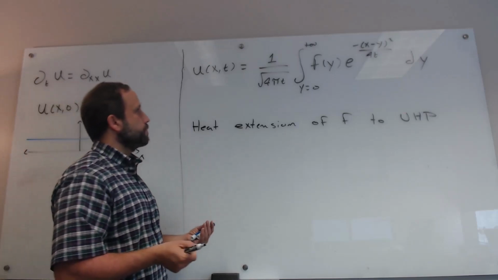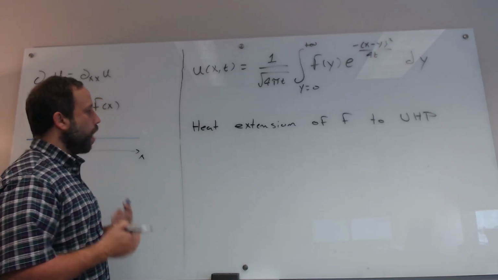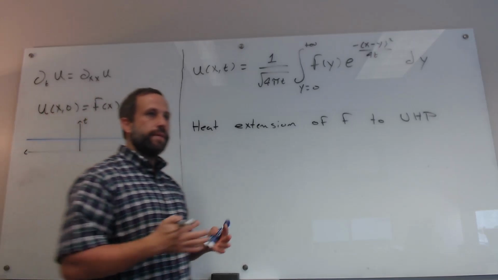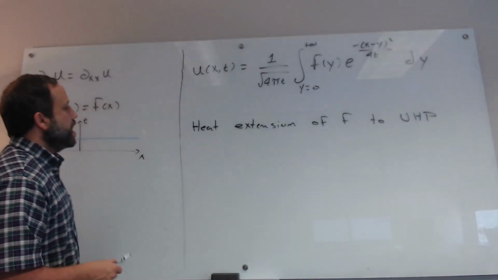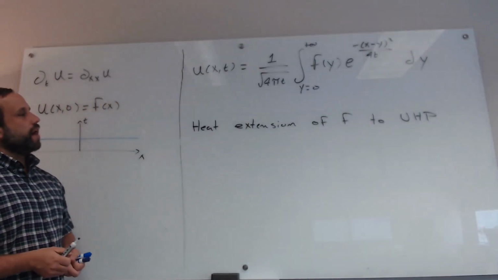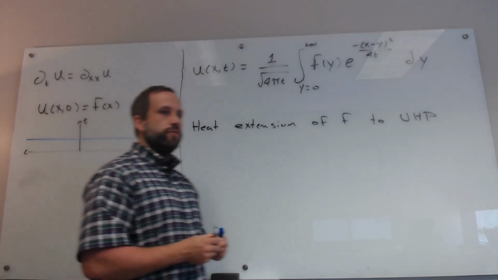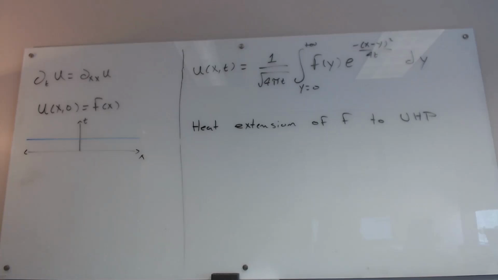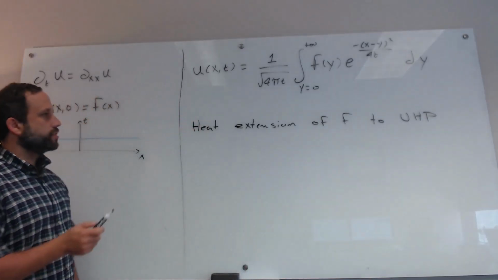There are several things to prove here. I'm not actually going to prove any of them, but I want you to think through why they might be true, and I'm going to give you an idea for why. First of all, I just want to verify: does this actually solve the diffusion equation? In other words, is the t derivative equal to the double x derivative?